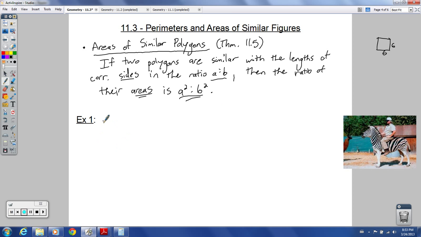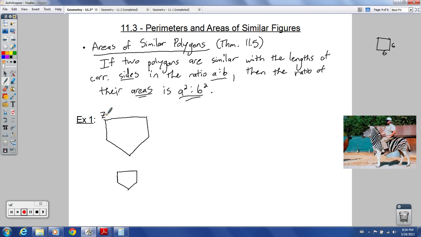Well, let's say you had two pentagons, one a good deal bigger than the other one, but they're similar, so they have the same basic shape there and there. It kind of looks like the home plate of a baseball diamond or a softball diamond.